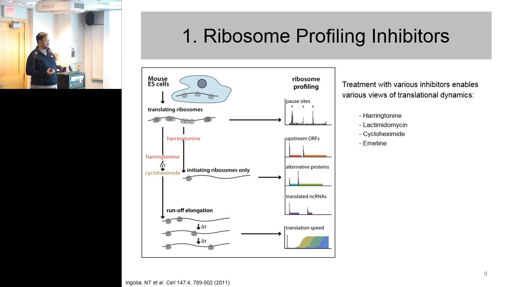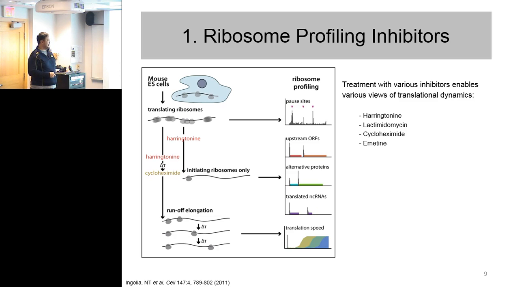It will bind to free 60S subunits in the cell and will prevent elongation once it's formed an 80S subunit. It won't prevent elongation of ribosomes that are bound prior to treatment. So there has been in the literature some observation that you get a little runoff. It's not perfectly at the initiation sites.